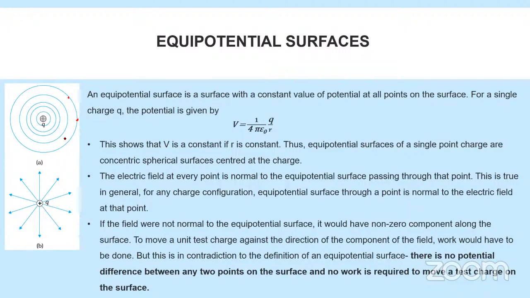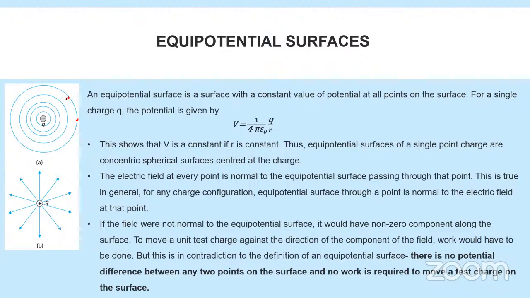If the electric field is not normal, there will be another component along this surface, as we just said, and because of that, work needs to be done to move the charge from this point to another point. But since the equipotential surface has equal potential value at all points, the work done should be zero, and because of that the potential difference should also be zero.